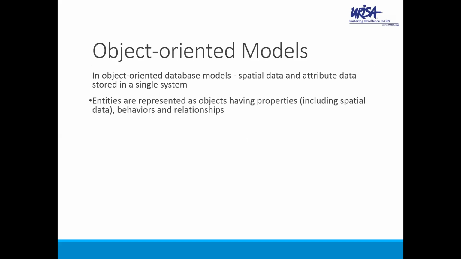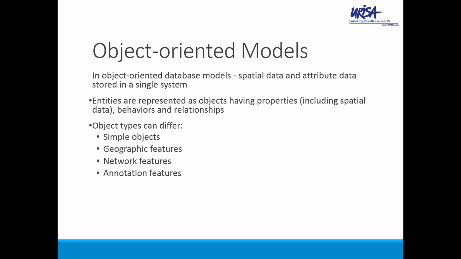As such, the entities are objects that can have a variety of properties and behaviors and relationships, and those objects can be of differing complexities and contain different features. And the user then has the ability to define the relationships and set the rules. So the object-oriented model is a great leap forward compared to the previous models.